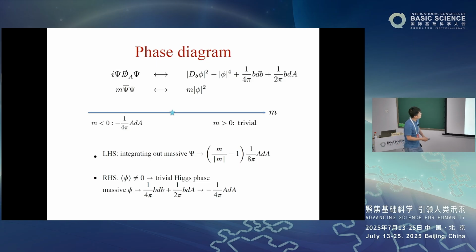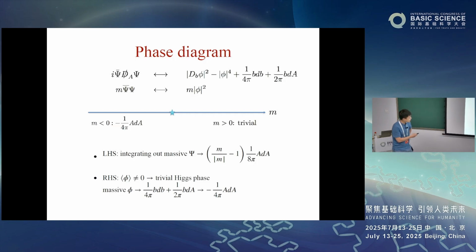It turns out that with the previous Pauli-Villars regularization of the Dirac fermion, for negative mass you get a Chern-Simons term at level -1, and for positive mass you get a completely trivial vacuum. You don't even get a Chern-Simons term. So what you end up getting at this critical point is basically an integer quantum Hall phase transition.